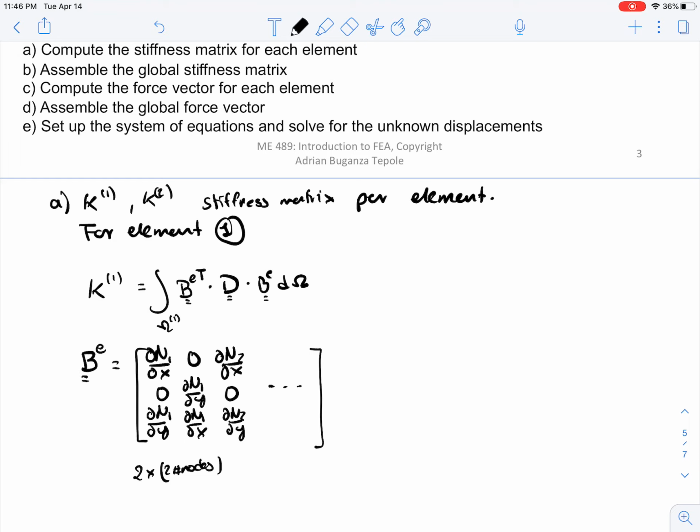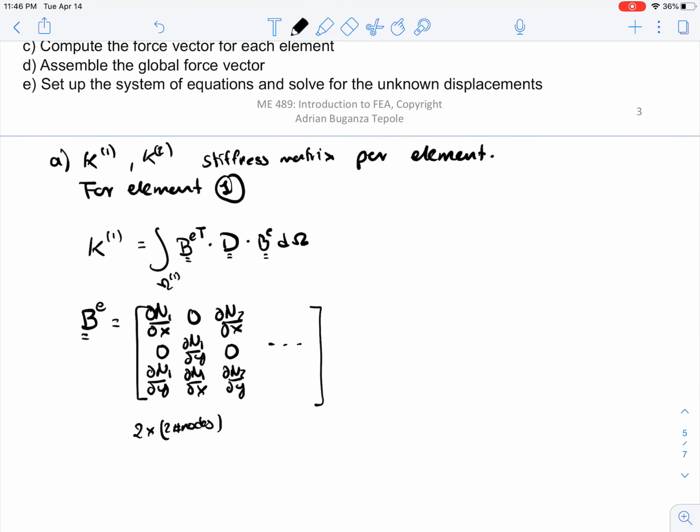So this is a pattern that we wrote down at some point in the lecture on Monday, or probably Friday of last week. So this is true for any element, and in particular for the triangular element, you can work out the exact shape of this B matrix given the definition of the shape functions.